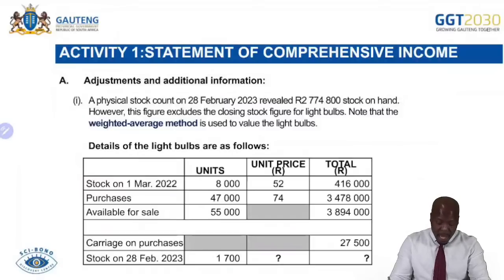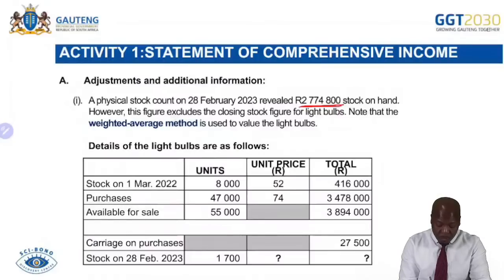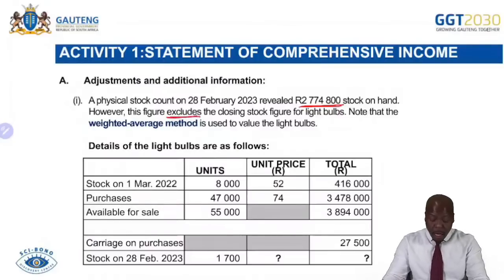It says, a physical stock count on 28 February. This is the last day of the financial year, the end of this financial year. We did a physical stock count that revealed 2,774,800 stock on hand. However, this figure excludes the closing stock figure for light bulbs.